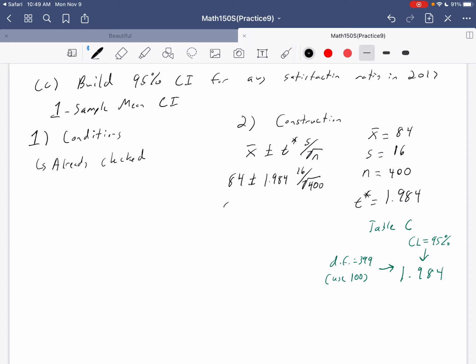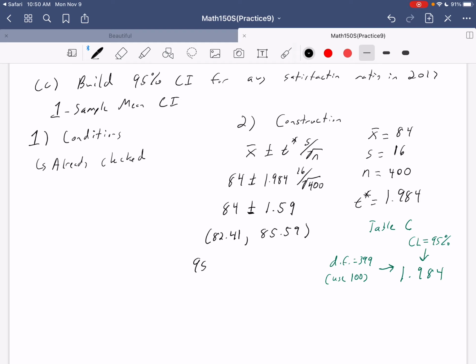And we should get 84 plus or minus 1.59. If we subtract first, 84 minus 1.59, we get 82.41, and then the high end, 84 plus 1.59, is 85.59.